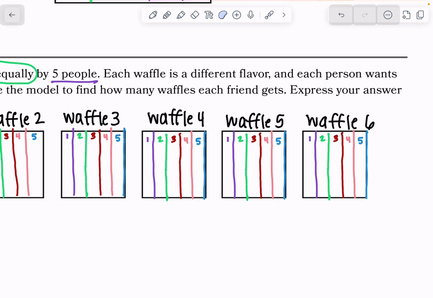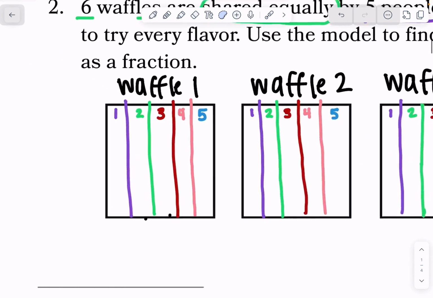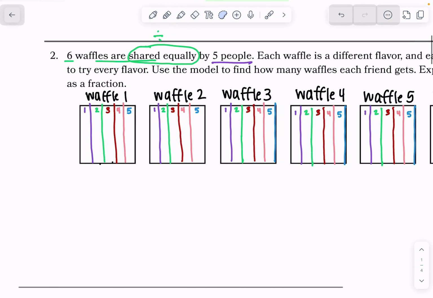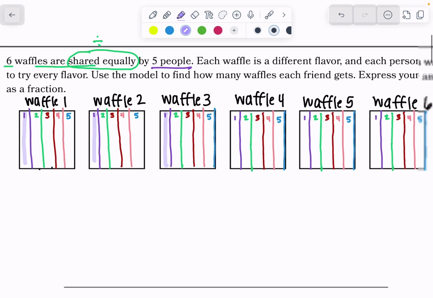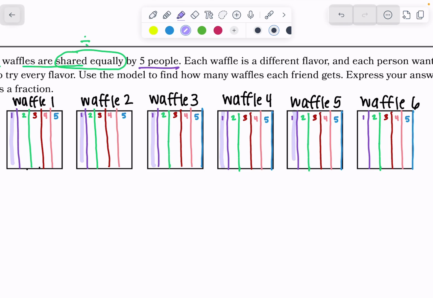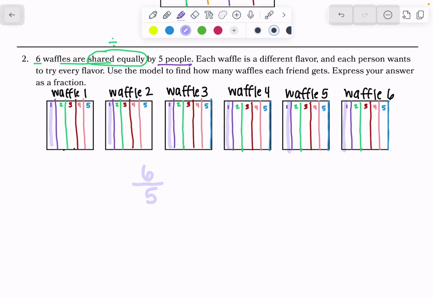Okay. And now I can go through and count. So friend 1 gets 1, 2, 3, 4, 5, 6 waffles out of the 5 parts. So she's going to get 6/5 of the waffles.